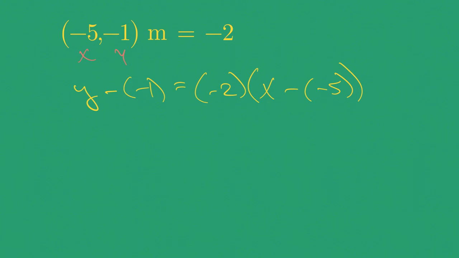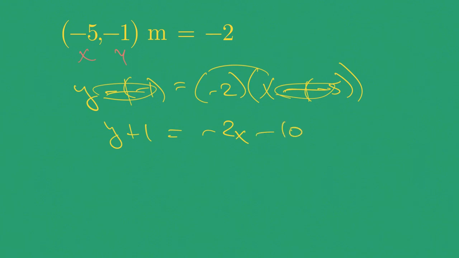All right, we're going to get y plus 1. Minus a negative becomes a positive. Over here on the right, minus a negative 5 is also a plus 5, right? Okay, so when we distribute this negative 2, that's going to be negative 2x. And then what do we get? Negative 2 times 5.